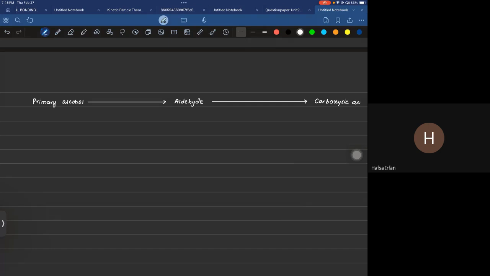Carboxylic acid. क्या यूज किया आपने? Oxidizing agent, that is acidified potassium dichromate, and heat or distilled. And for aldehyde to carboxylic acid, you have used the same thing. Heat under reflux.